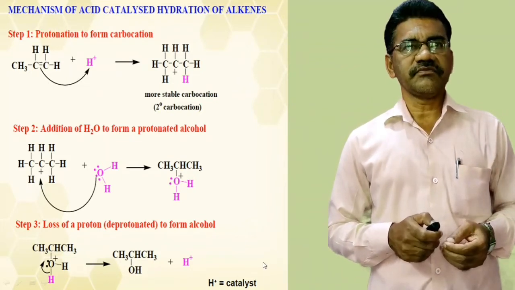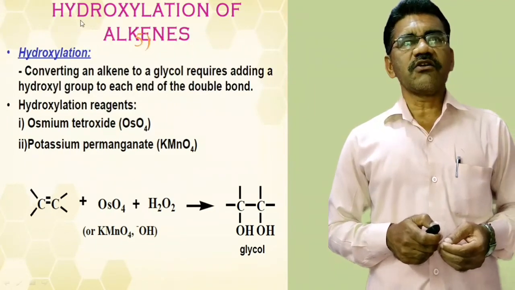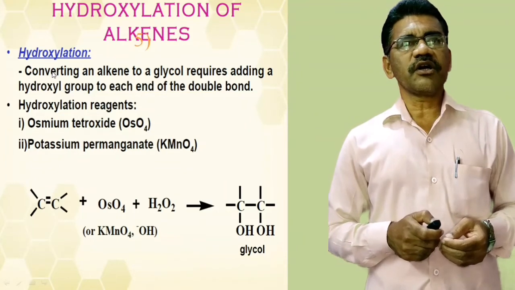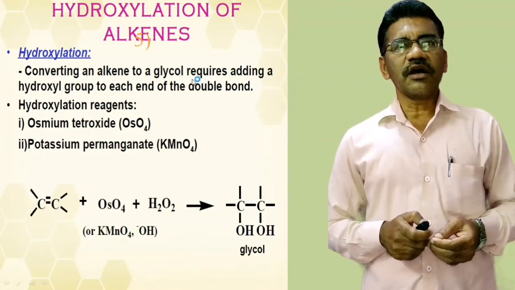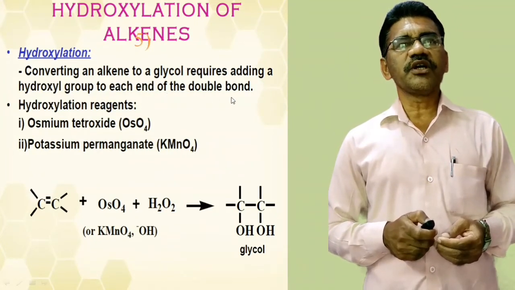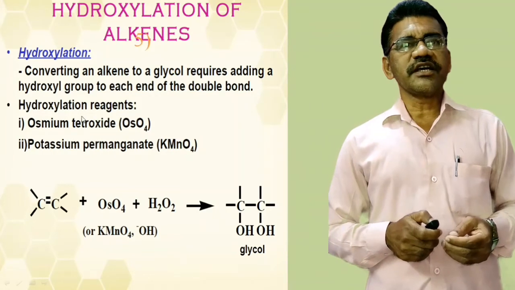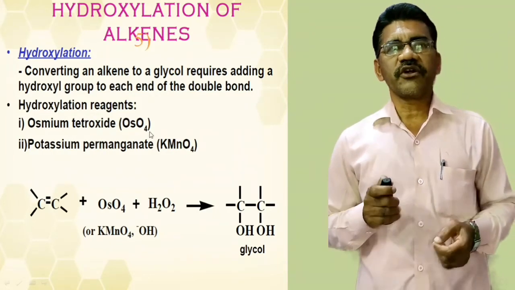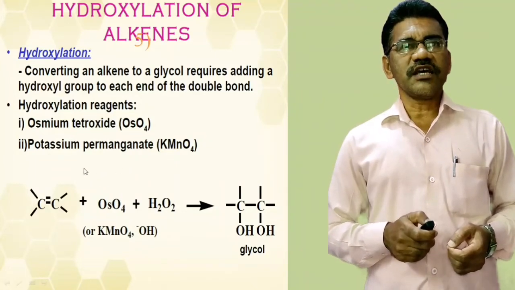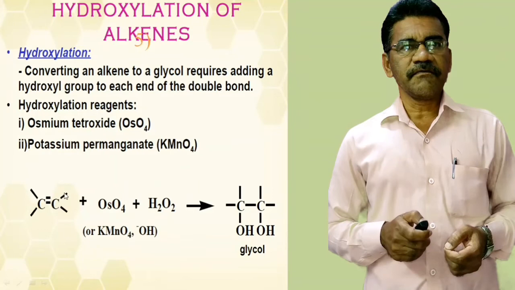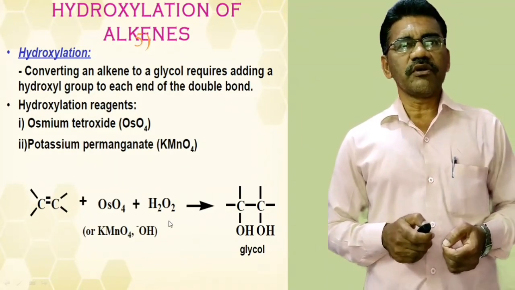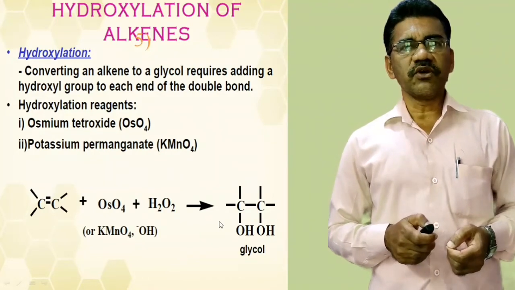H plus is used as a catalyst. Next reaction is hydroxylation of alkenes, which is used for converting alkenes to glycol and requires adding a hydroxyl group to each end of the double bond. The hydroxylation reagents are osmium tetroxide and potassium permanganate. First example, alkene reacts with osmium tetroxide or KMnO4 in presence of H2O2 to form the glycol.